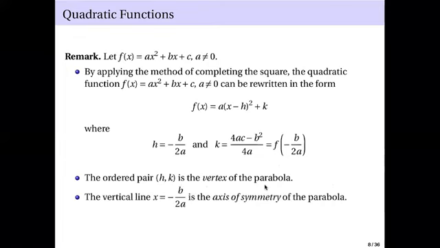Okay? And of course, the vertical line passing through this vertex, since it's a vertical line, is just x equals the value of h. But your h here is negative b over 2a. So the vertical line x equals negative b over 2a is the axis of symmetry of the parabola.